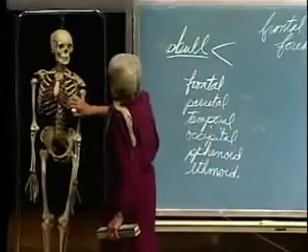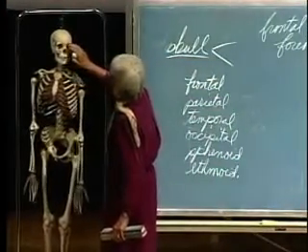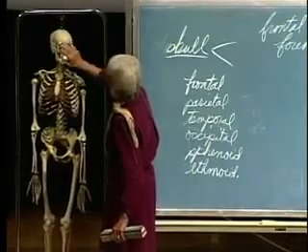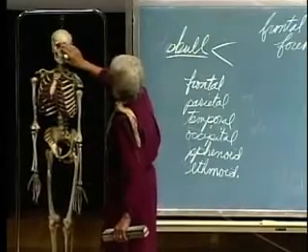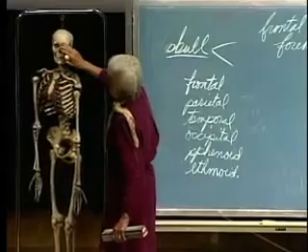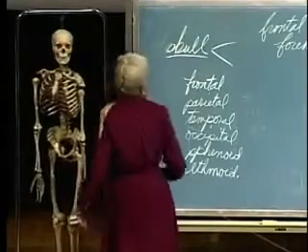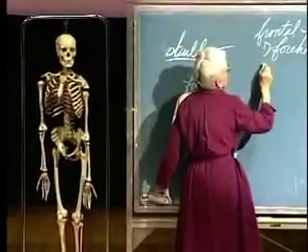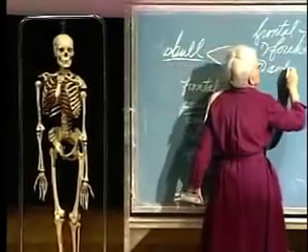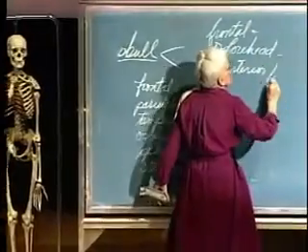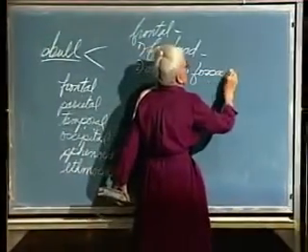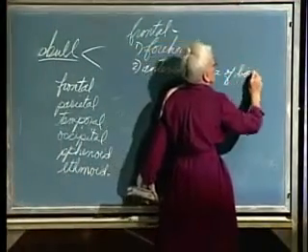And then we'd have to go inside the skull, so you just have to take my word for it. It will form the anterior fossa of the base of the skull.